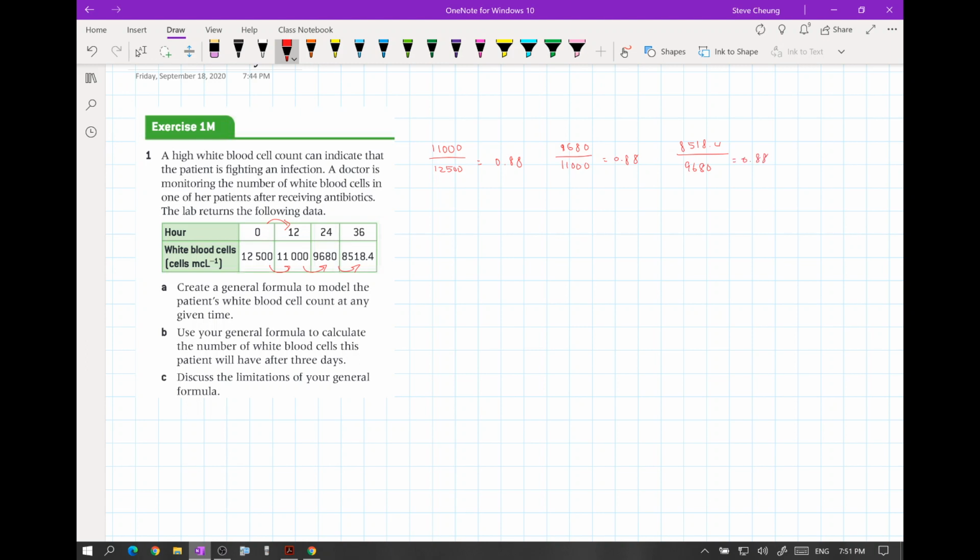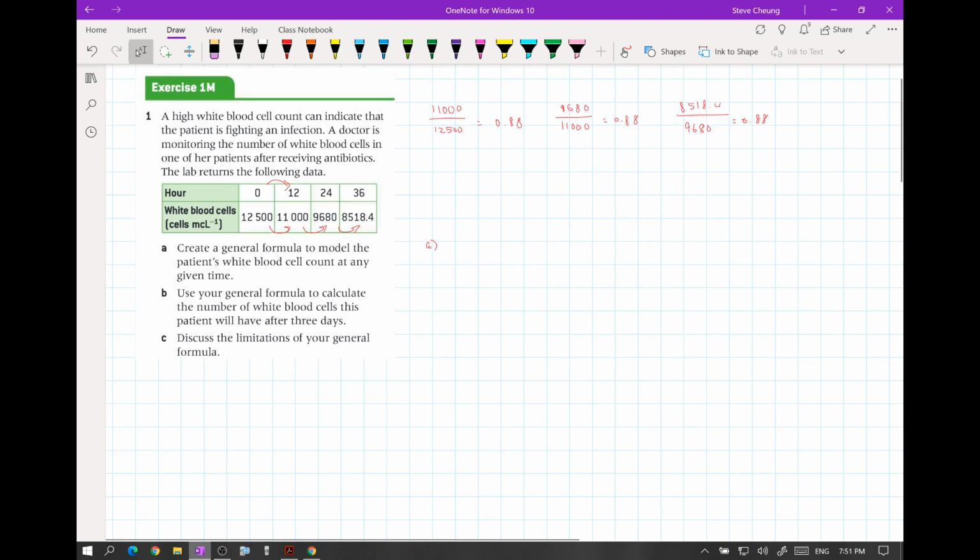Now, creating the general formula, it's a bit weird. So what you can do is, maybe I'll call this W for the number of white blood cells after H hours. You write the initial population, and then in this case, you put the common ratio here, and you want to raise it to the power of H, but not just H, because H is increasing by 12.